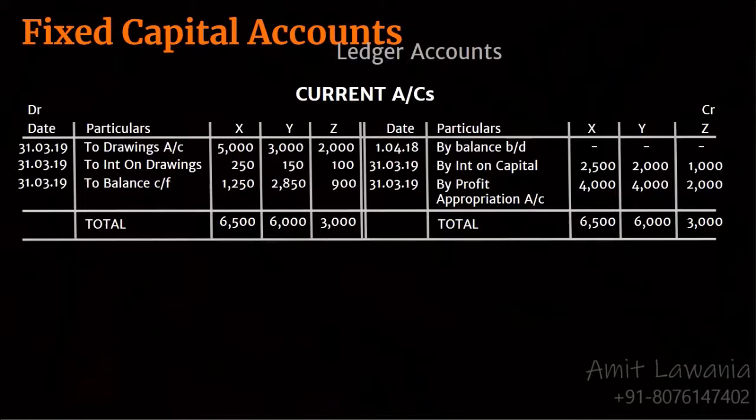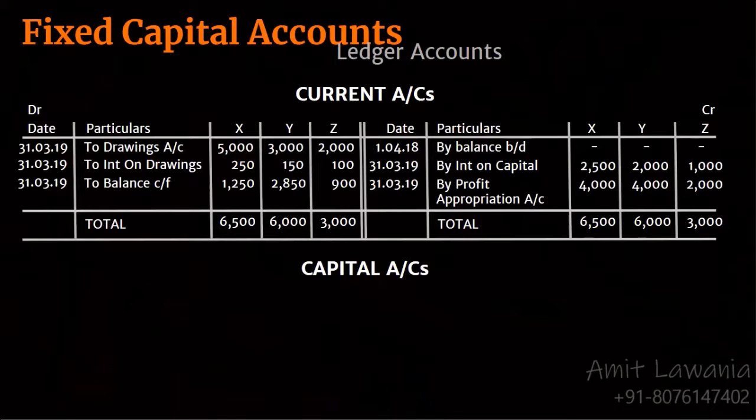Now can you tell me where these accounts will show in the accounts book? They will be shown in the balance sheet as partners' current accounts, just like we show the capital accounts of each partner. How would the capital accounts look like?